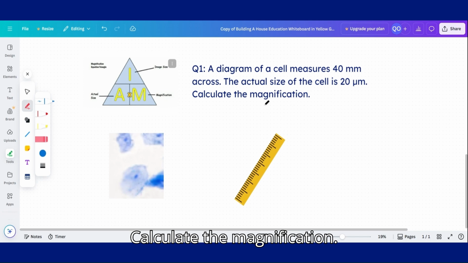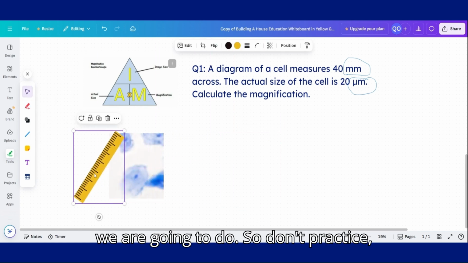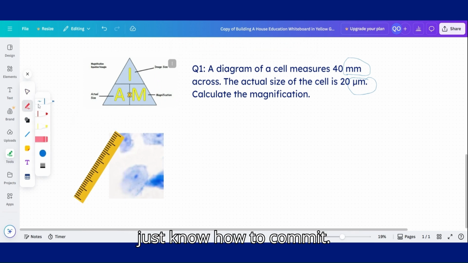Calculate the magnification. The first step is we see these units are not the same. We need to convert it. Conversion is your friend. That is almost like every step that we are going to do. So don't fret, just know how to convert.